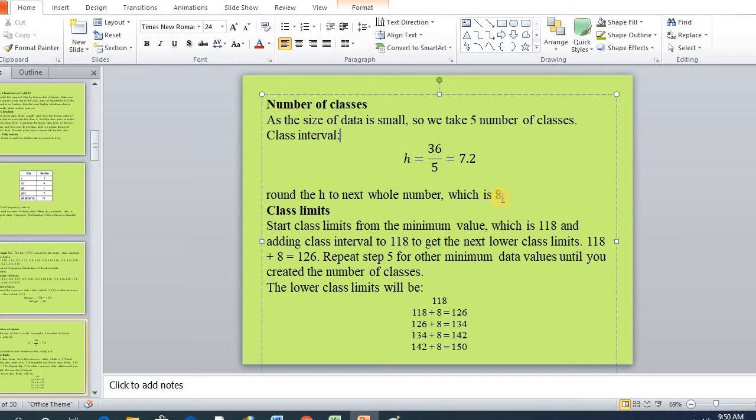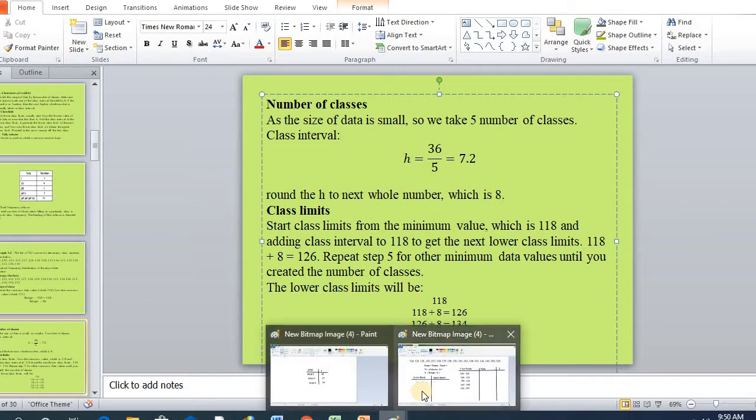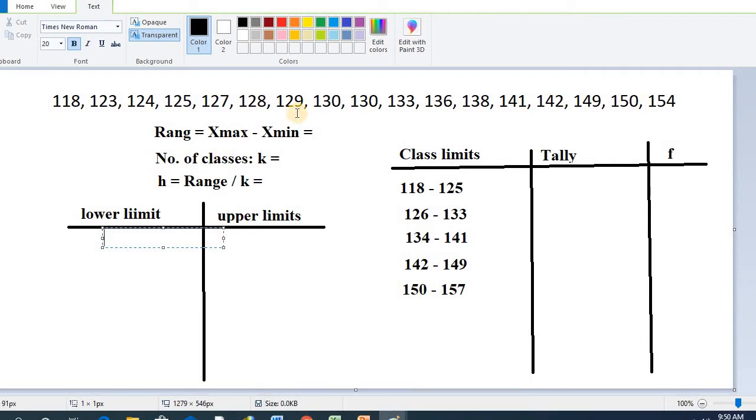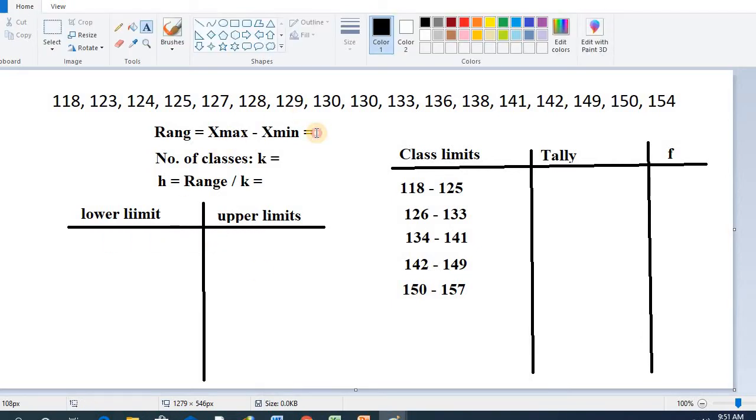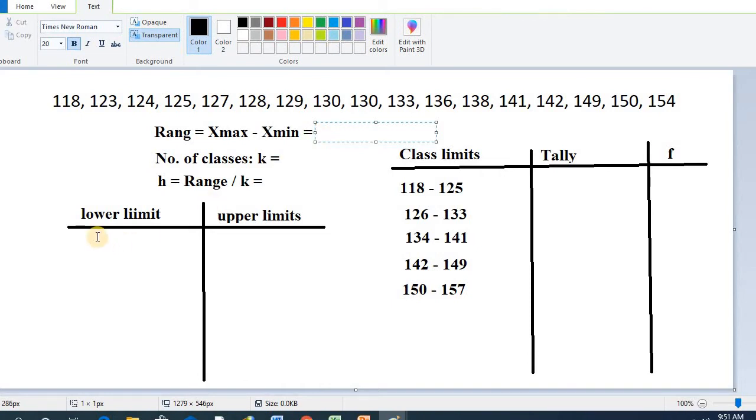Now how to obtain the class limits? The minimum value is 118.